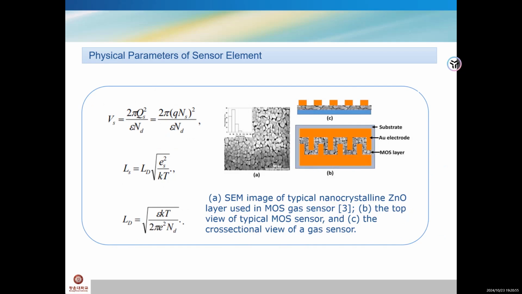Image A is an SEM image of a typical nanocrystalline sensing layer used in MOS gas sensors. Image B is the top view of a typical MOS sensor, and image C is a cross-sectional view of a gas sensor.